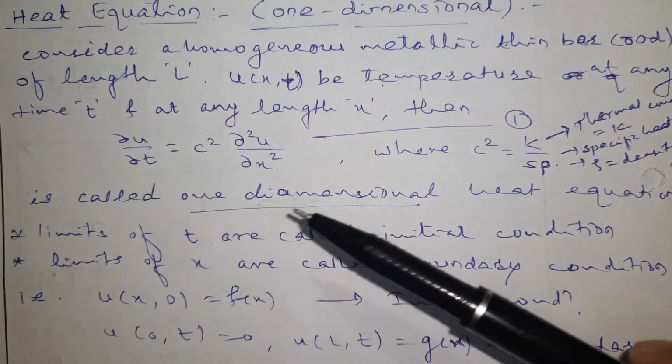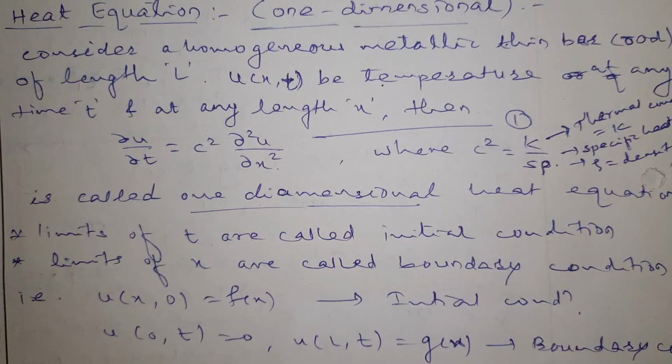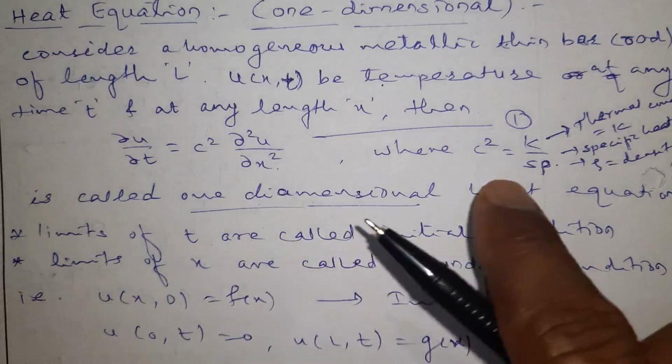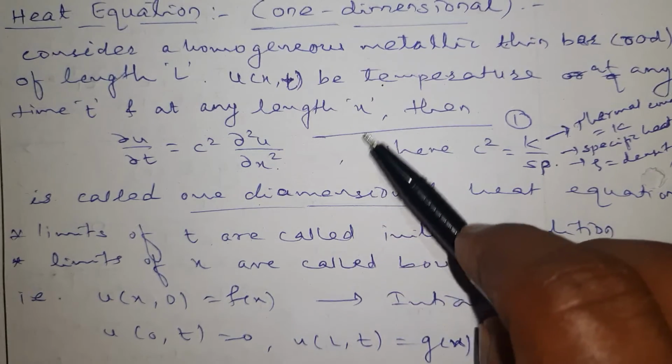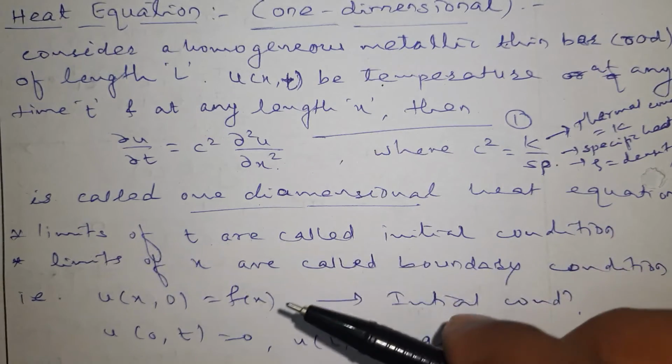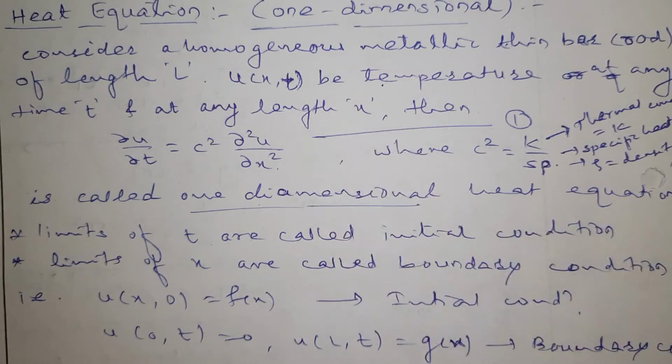Time starts from 0 and goes to infinity, so these are initial conditions. Whenever the word initial condition comes, it comes only for time t, and whenever the word boundary condition comes, it comes from x.